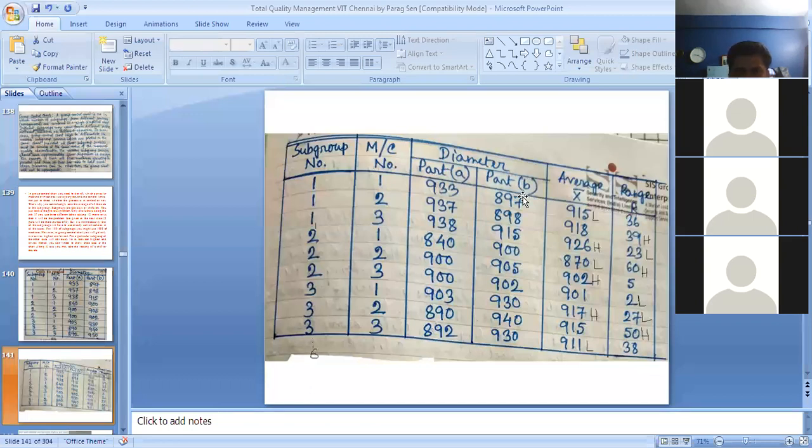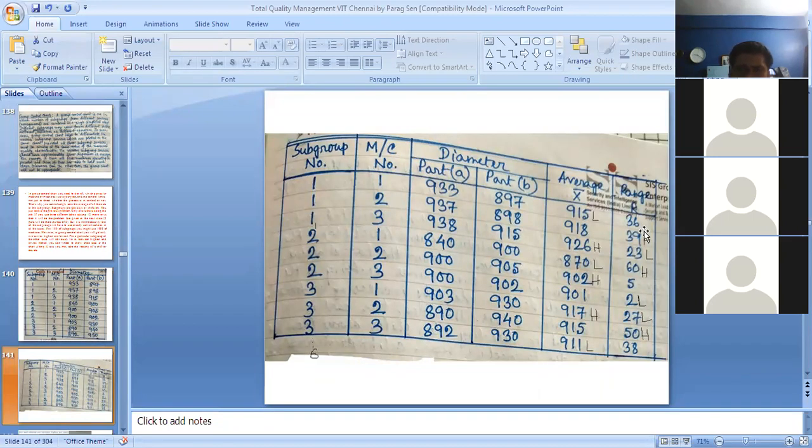Okay, so what is happening here? You can find out the average of these 2 parts for each case. For example, for 933 and 897, the average is 915. And you will also be calculating the ranges. Since here only two parts are there, you just subtract 897 from 933, and you get the range 36.